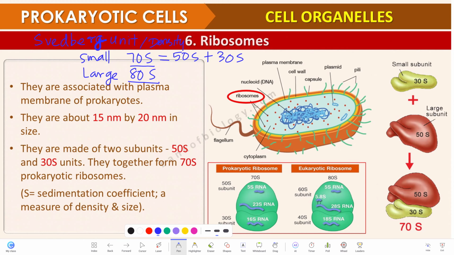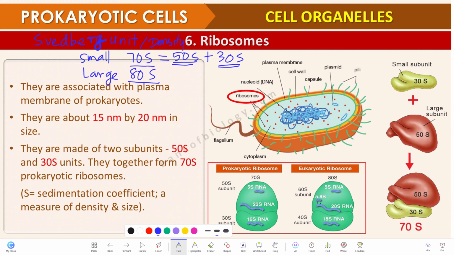Similarly, they separate each piece using the spinning mechanism, centrifugation. And this is the density at which the large subunit settles down in the test tube, and this is the density or speed at which the other one settles down. But when they are together, they are heavier. They come down quickly. That's why it is 70. It's not the sum of these.